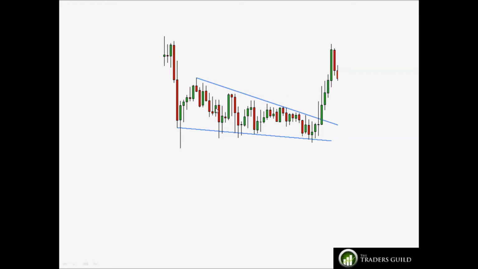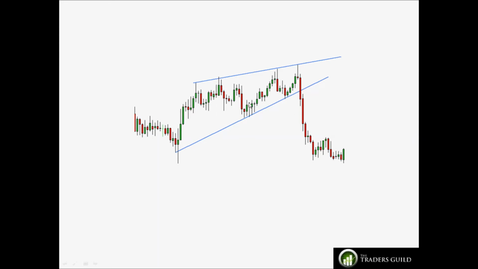So this is a bullish reversal wedge, and conversely we have a bearish reversal wedge, the same thing happening. Again, these will look different; we could have ascending or descending triangles. They won't all look the same. It's more about what's happening within the pattern. The pattern is just the easiest way to identify what most likely is happening.